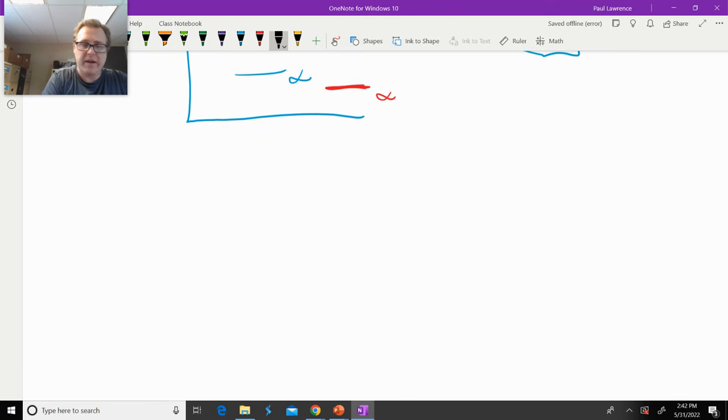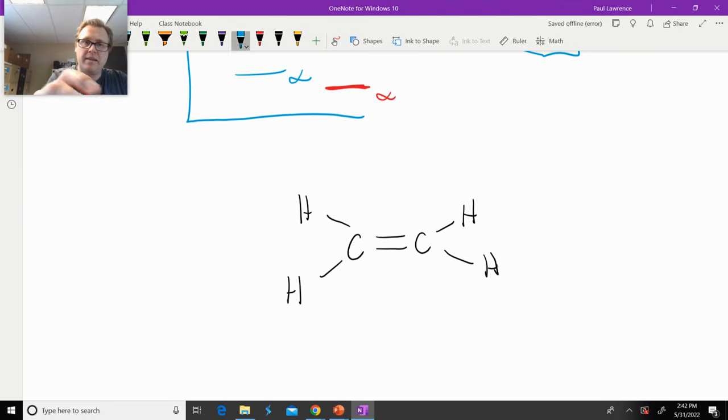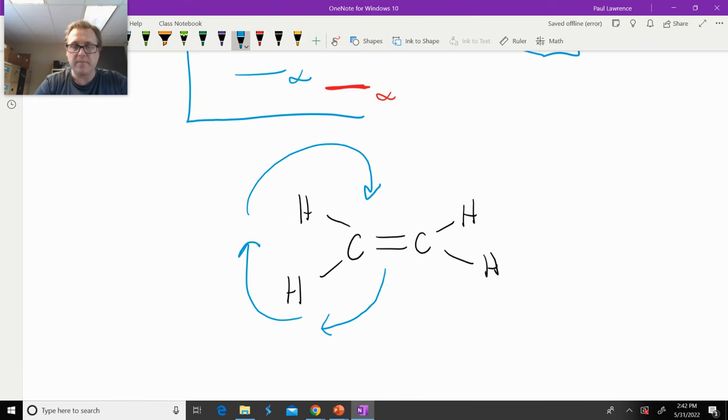So if we backtrack and look at an alkene for a moment, we know that the field lines go like this, something like that.